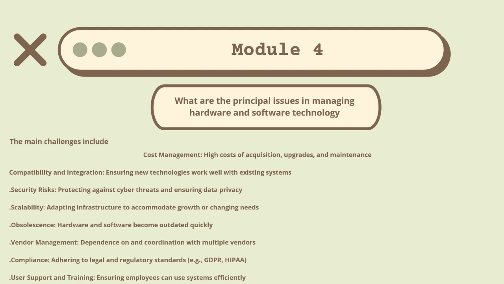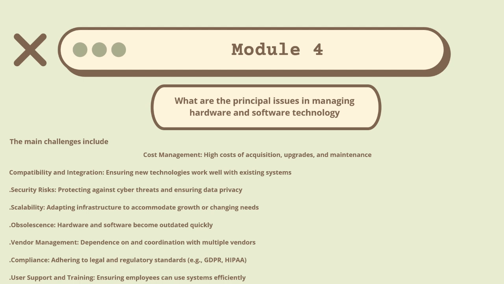Third is security risk, protection against cyber threats and ensuring data privacy. Cyber attacks can lead to data loss, financial damage, and harm to a company's reputation. Fourth is scalability, adapting infrastructure to accommodate growth or changing needs.